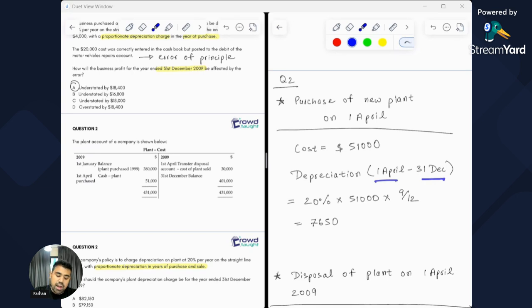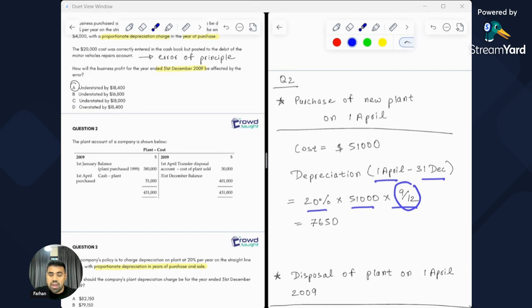Okay, and we are using the straight line method, so we simply apply the percentage that we're given, which is 20, with the original cost of 51,000. All right, in this case, we're given no residual or scrap value, therefore we have nothing to subtract. And then we multiply 9 over 12, which takes care of the proportionate charge.